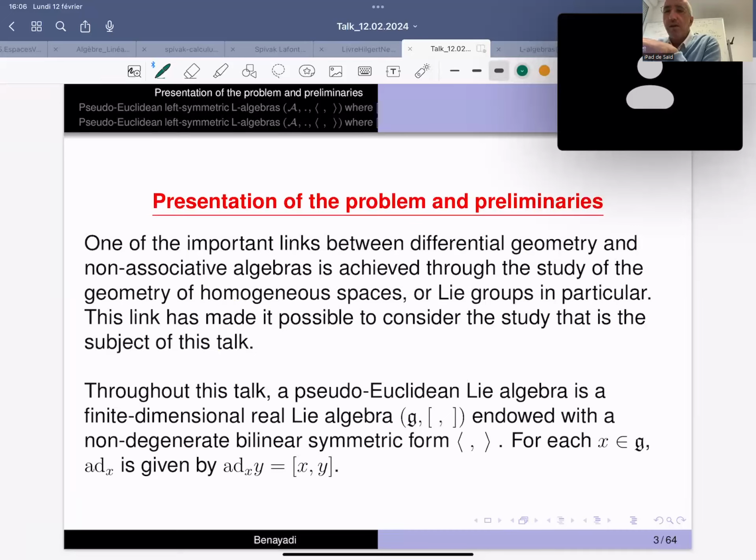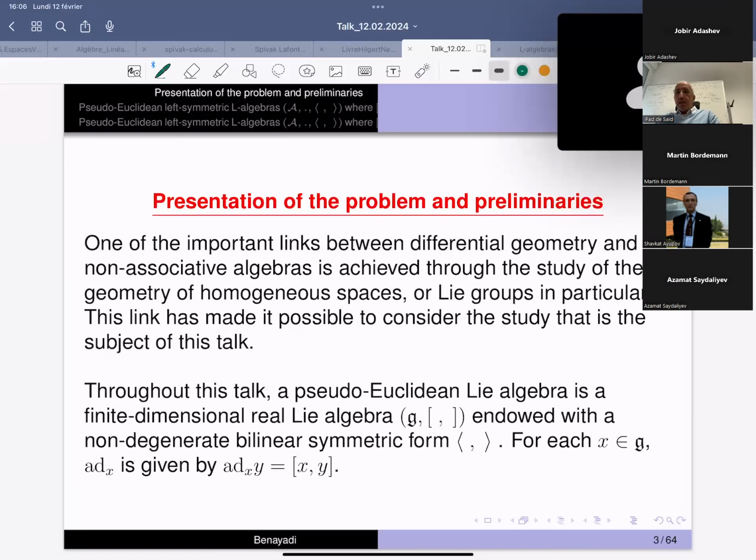Throughout this talk, G with the bracket and the non-degenerate bilinear form will be called a pseudo-Euclidean Lie algebra, and we denote the bracket or the adjoint action by this notation.